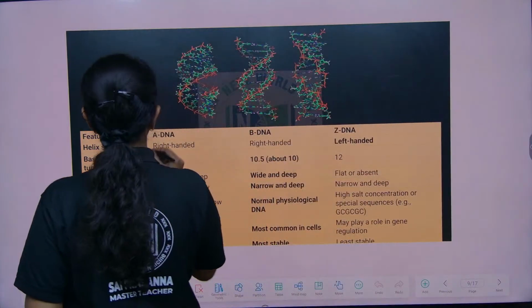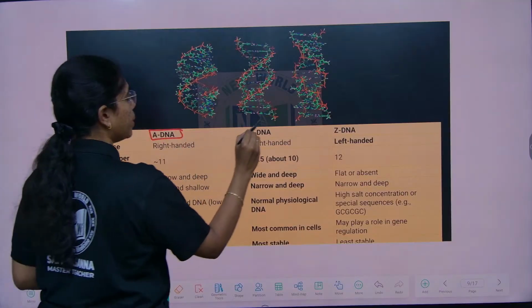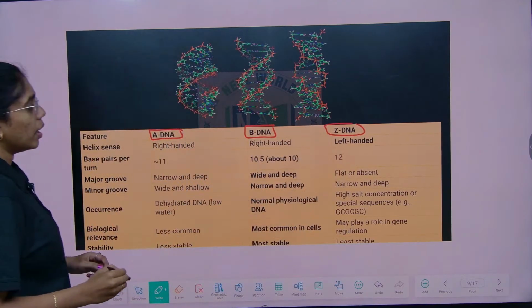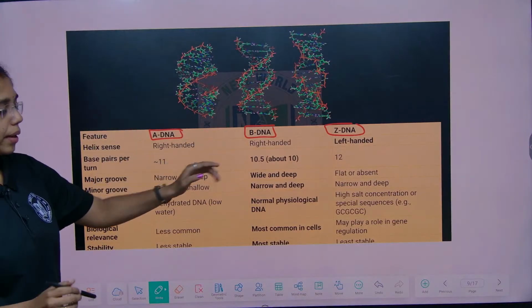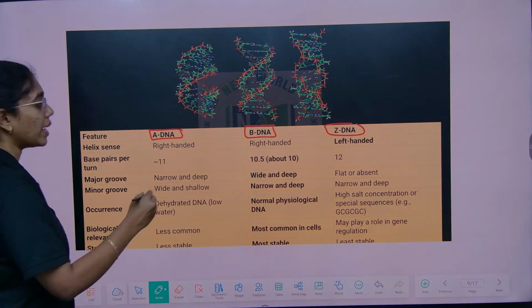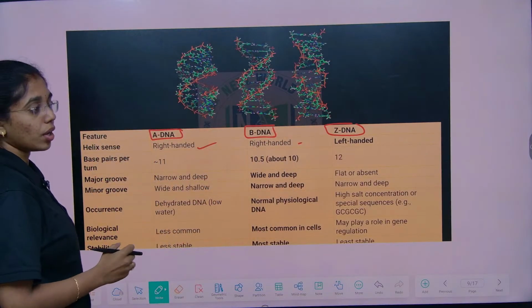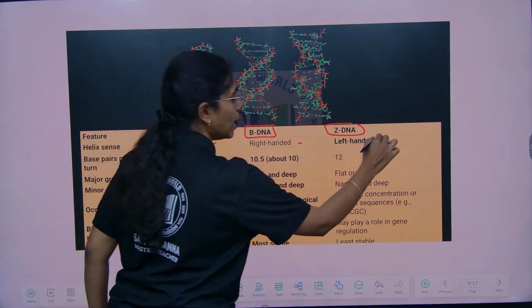One is A type, second B type, third Z type. Both A and B type, the helix sense will be right-handed, whereas Z DNA is left-handed.